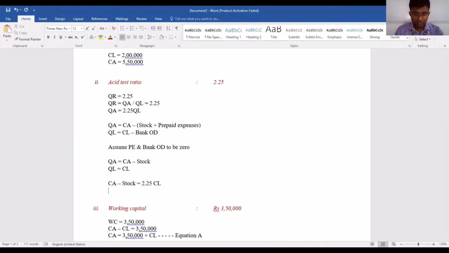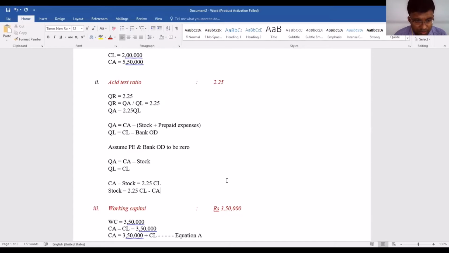Let's rearrange this formula. We will get stock is equal to 2.25 times current liability minus current asset.